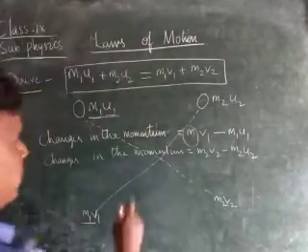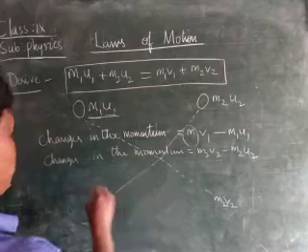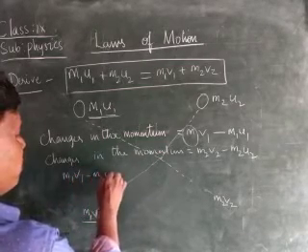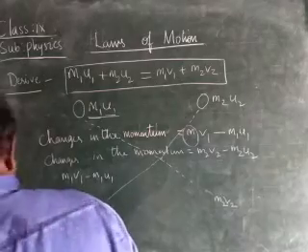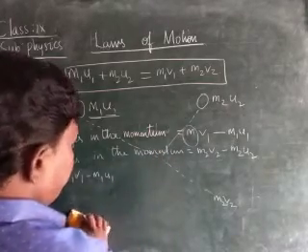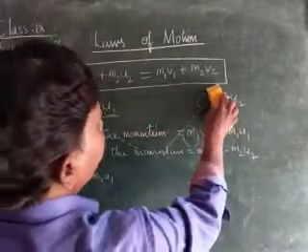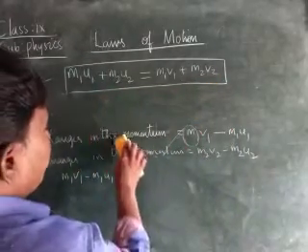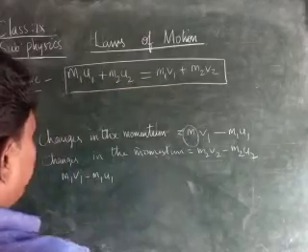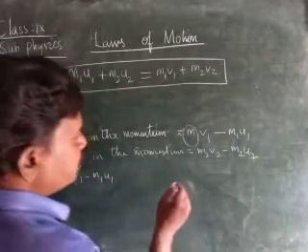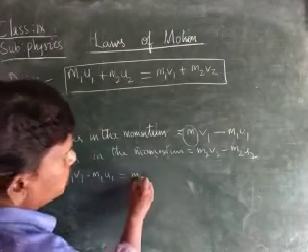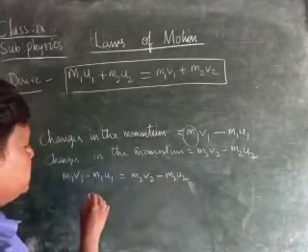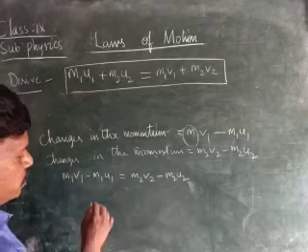Now you equate these two momentums, children. Now I am rubbing the diagram. Okay, m1 v1 minus m1 u1 is equal to m2 v2 minus m2 u2. Here, this is according to Newton's third law.